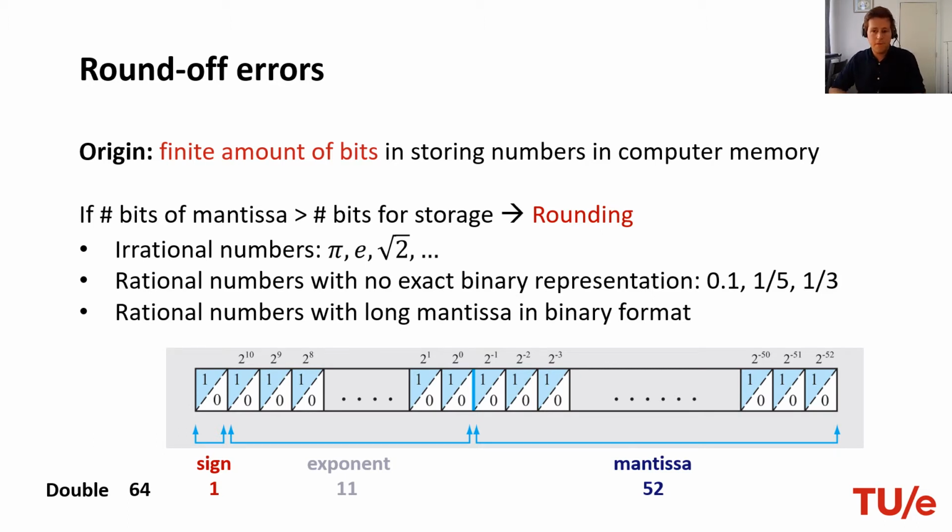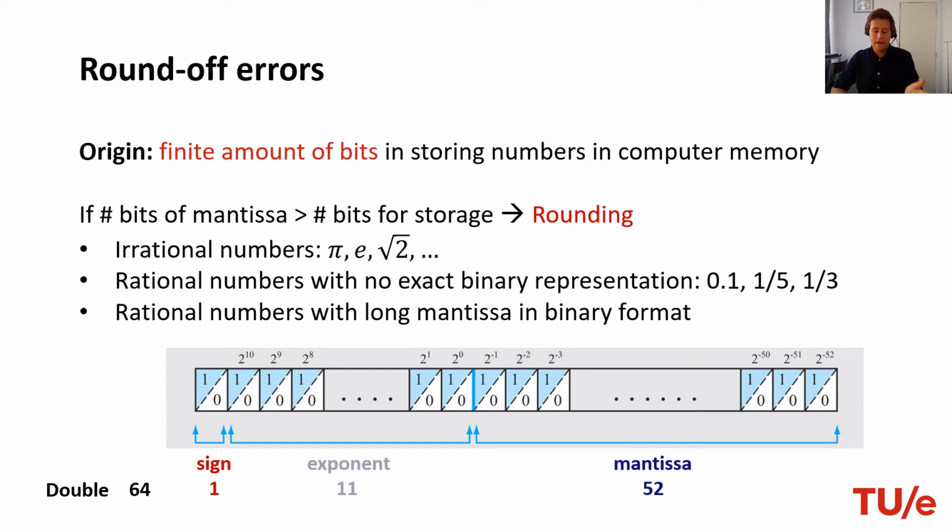Examples of when this is the case are all irrational numbers. No matter what representation you use for an irrational number, be it base 10, be it base 2, it always has an infinite amount of digits after the decimal point. You can never get an exact decimal or binary representation for any irrational number.